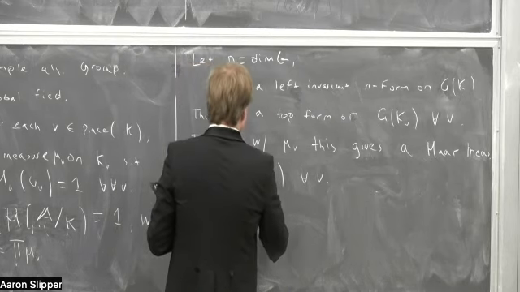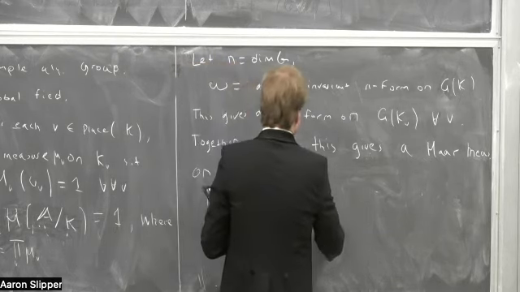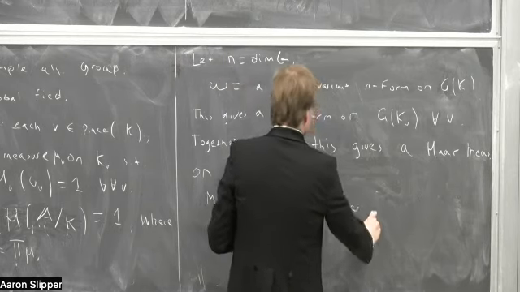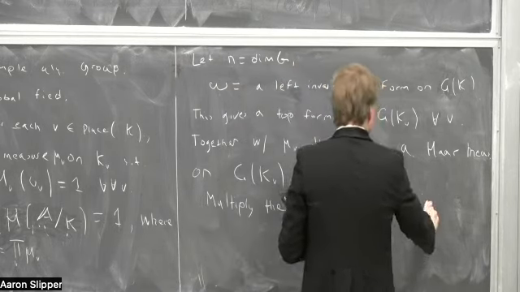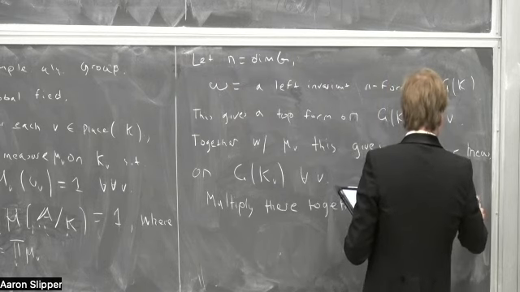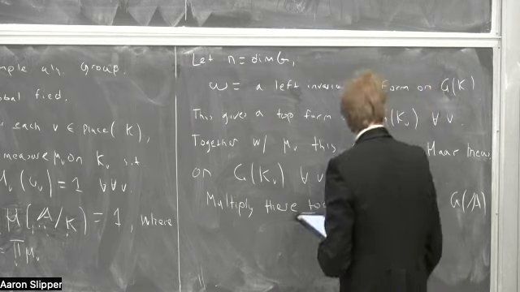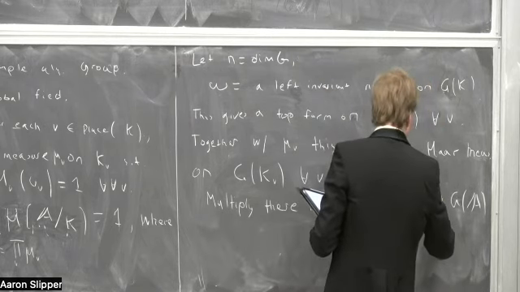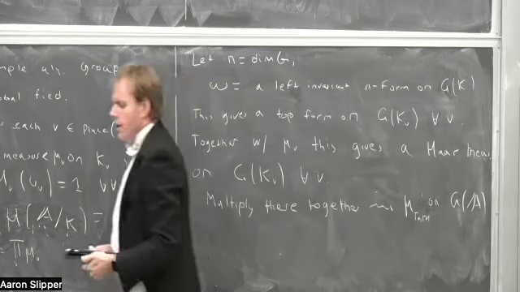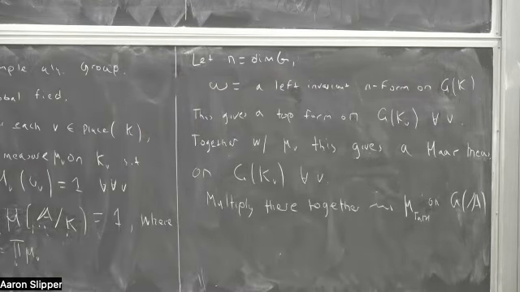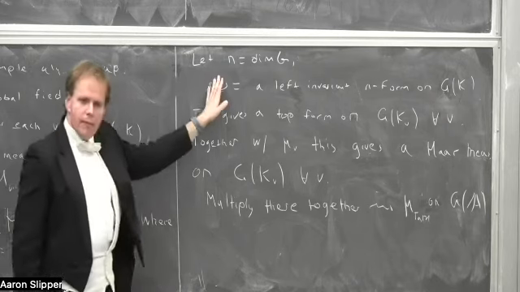Multiply these together. It gives a measure mu on the adelic points, and we will call this mu sub Tamagawa. So it's important that you pick these carefully, and then you pick a rational top form.